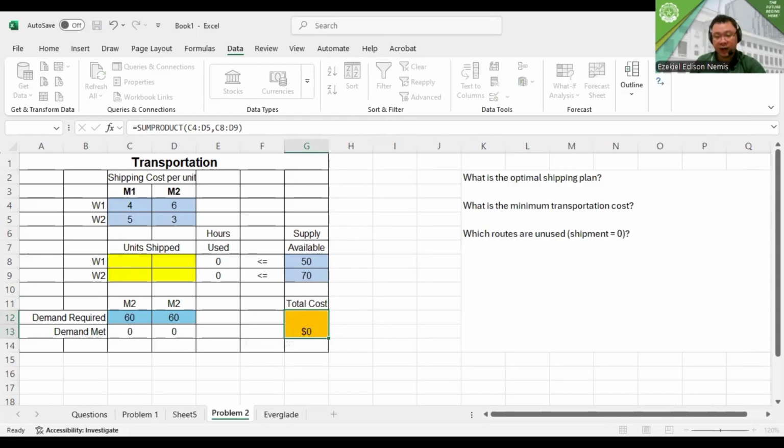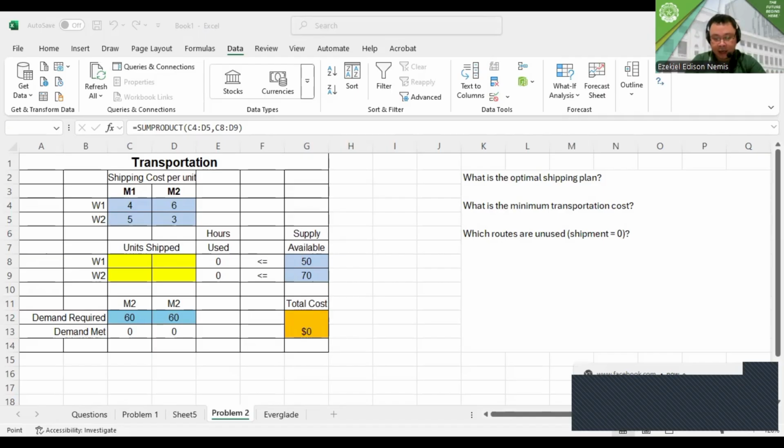Okay, so let's go back. Wait lang, it's going to look at the formula. To remember the formula, let's go back to solver. If you can remember the given solver, the constraint is at C13 and C12.